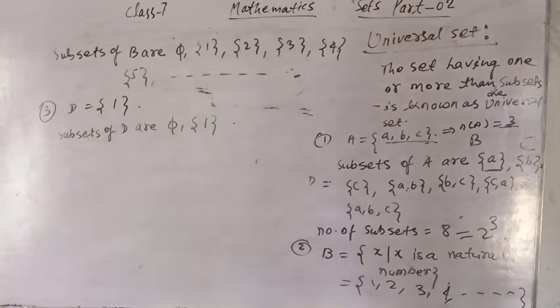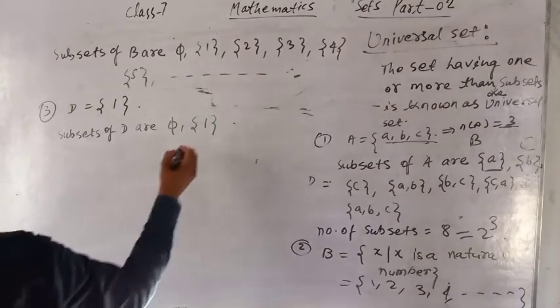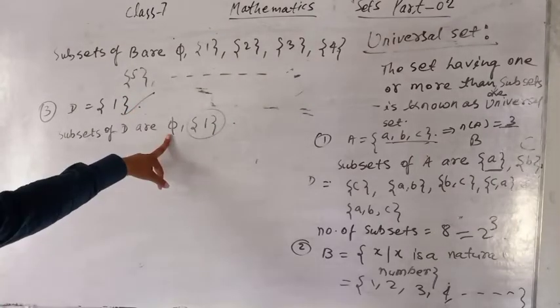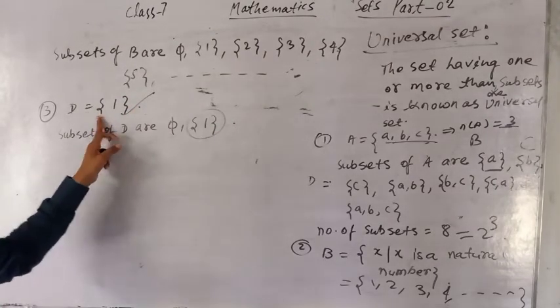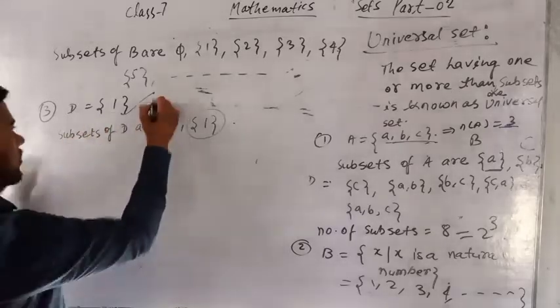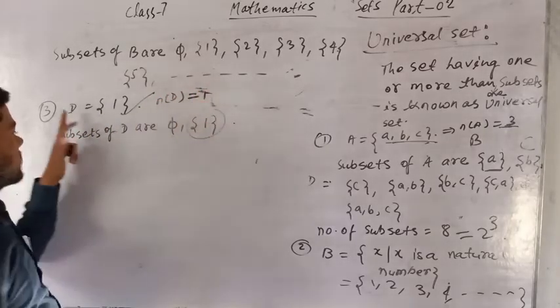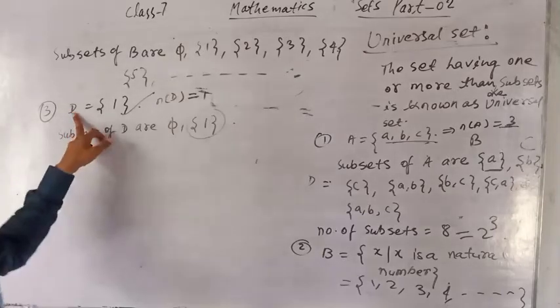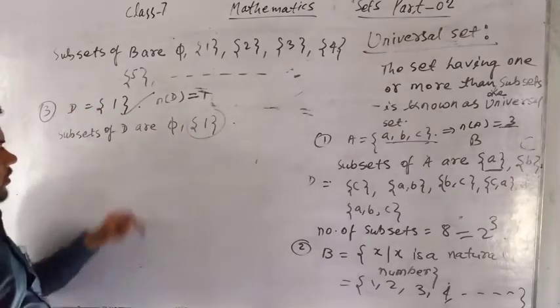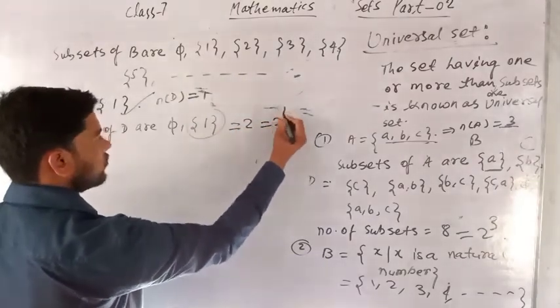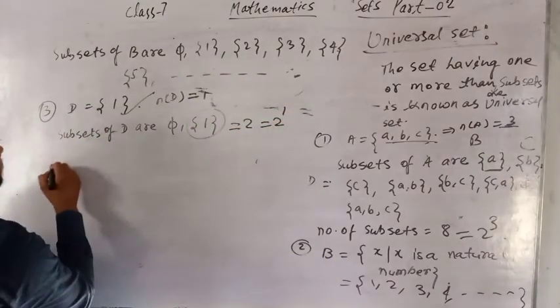See, we know that every set is the subset of itself and phi is the subset of every set. So here the number of elements of D is equal to 1. It means the cardinal number of the set D is 1 and the number of subsets is equal to 2. It can be written as 2 to the power 1.